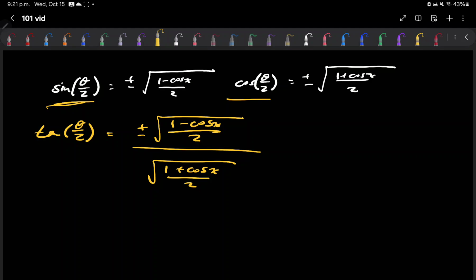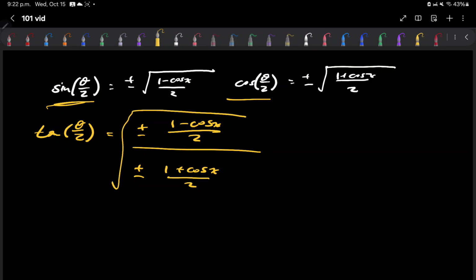If both the numerator and the denominator of our fraction are under square root signs, we can write the entire fraction under a square root sign. And x is the same angle in all of these terms.